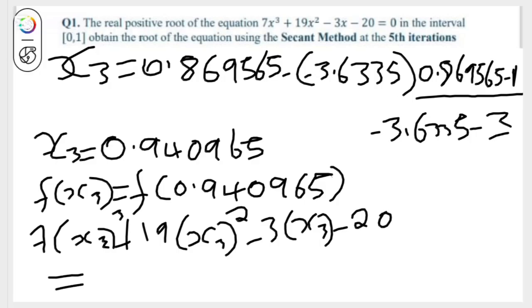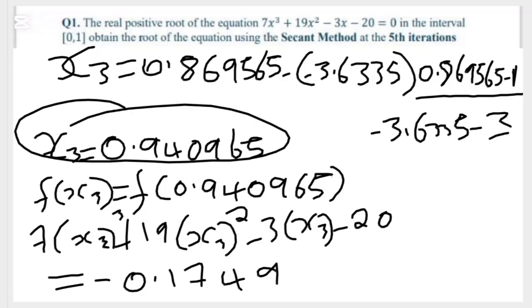So let me see what I'm going to get. This will now be equal to negative 0.1749. So this is the new function of x3, and this is the actual x3.